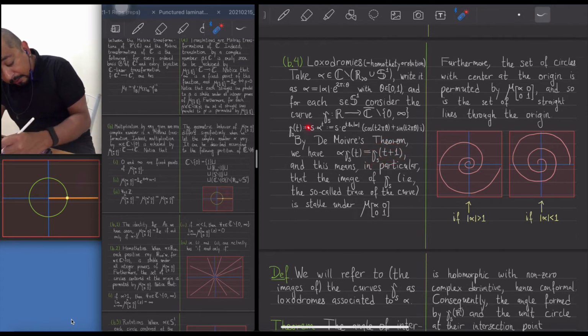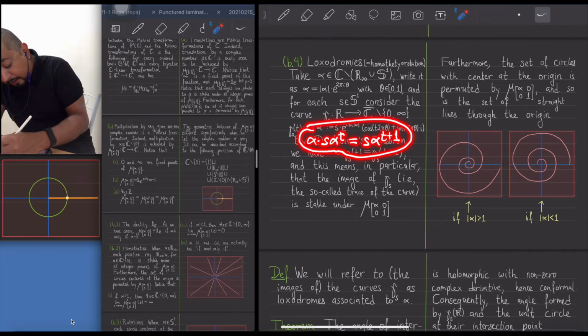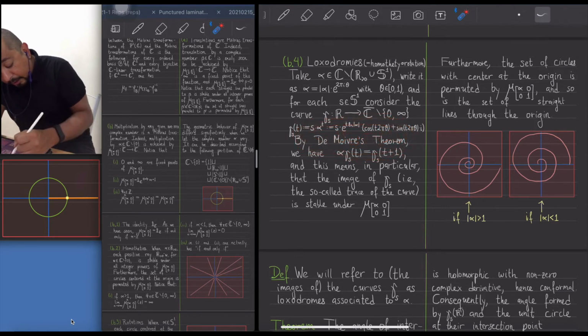Because de Moivre's theorem tells you that alpha times s alpha to the t is equal to s alpha to the t plus 1. By the way, this has to be proved somehow, because for t integer or rational it may be clear, but how about irrational?